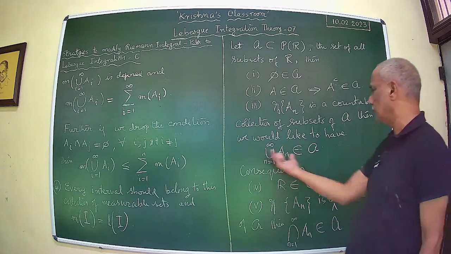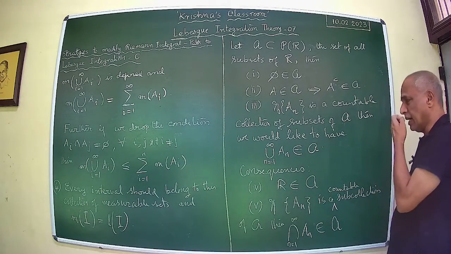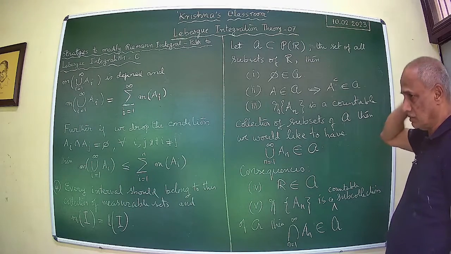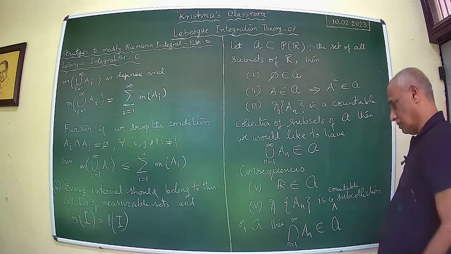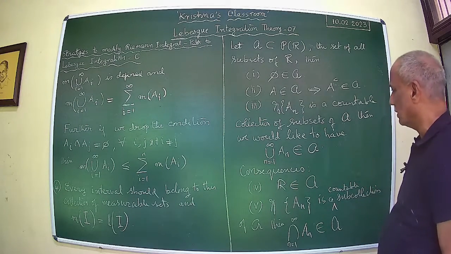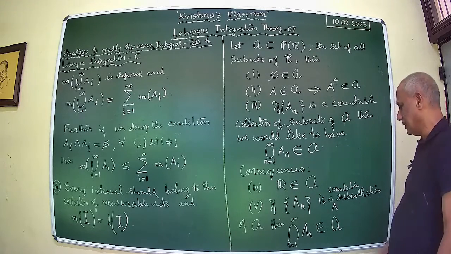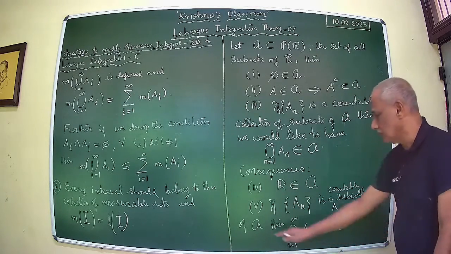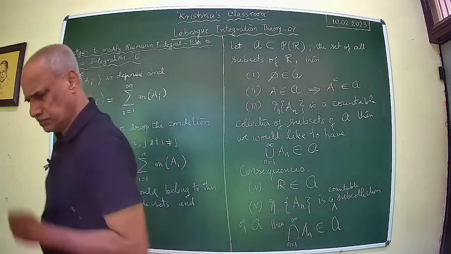The complement of this is the intersection n equal to 1 to infinity of An complement. The An complements all belong to the class A, and therefore you see that this also follows. So that is no problem. Okay.